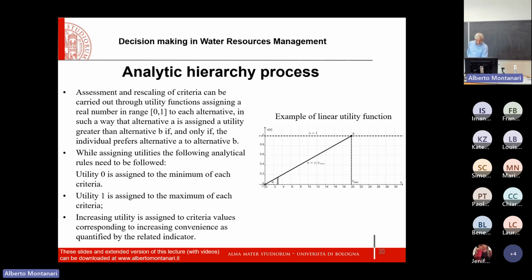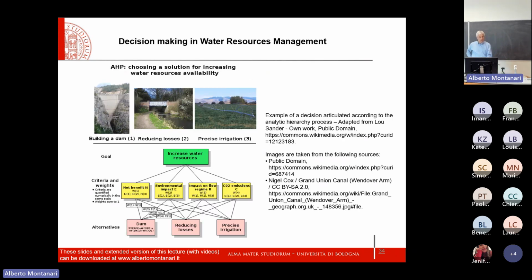I go back to the previous figure. Think of the three solutions, the three pink rectangles at the bottom of the figure here, and think of the net benefit. So the dam will have a net benefit. Reducing losses will have a second net benefit. Precise irrigation will have a third net benefit.